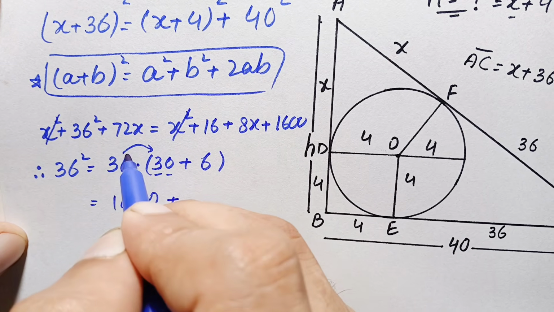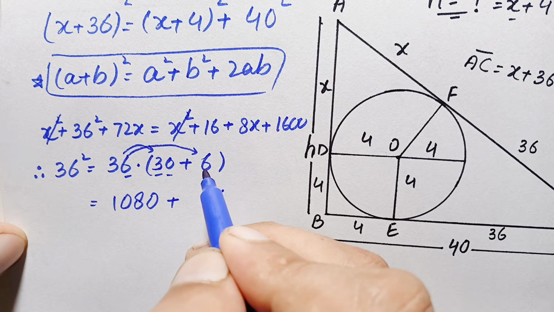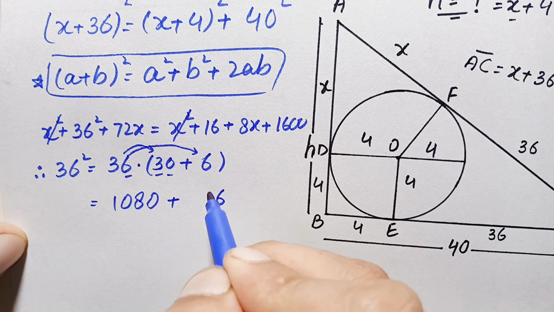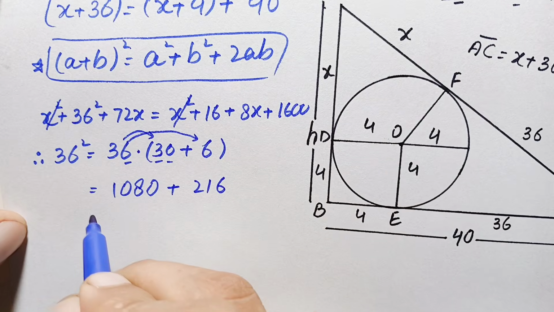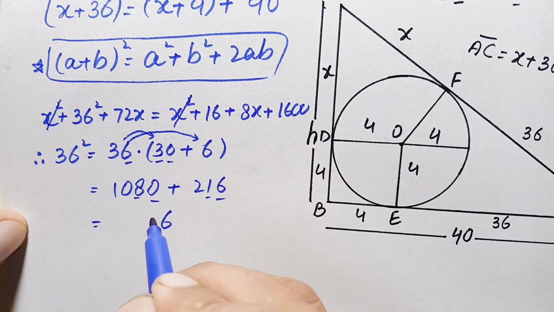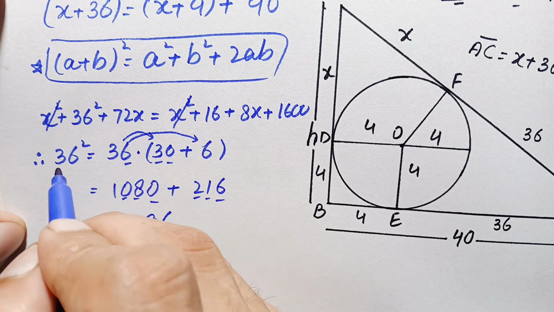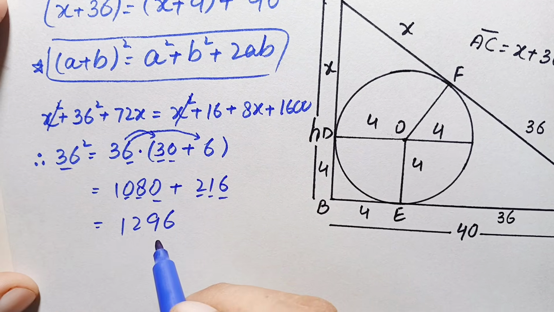Plus, now let's multiply this 36 with 6. 6 times 6 is 36, 6, and 3 will be carried. 6 times 3 is 18, 18 plus 3 is 21. Let's add these two numbers. 0 plus 6 is 6. 1 plus 8 is 9. 2 plus 0 is 2, and 1. So here 36 square gives us 1296.